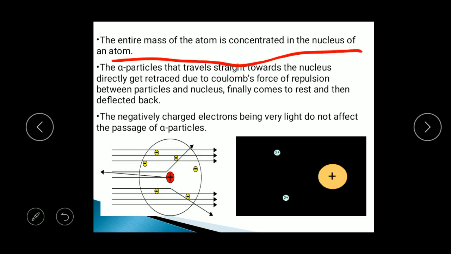And the next conclusion is that the negatively charged electrons are very light. The mass of the electrons is very small compared to the alpha particles, so they do not affect the passage of alpha particles, right? Only the positively charged core at the center of the atom, the nucleus, affects the passage of alpha particles. The negatively charged electrons do not affect it.